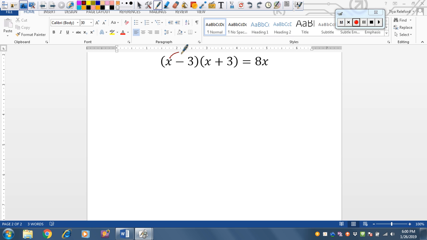Lainey calls it FOIL method, but we've got x times x and x times 3, and -3 times x and -3 times 3. Oh, this should be 3x, sorry. Okay, I'm going to start over. Sorry.